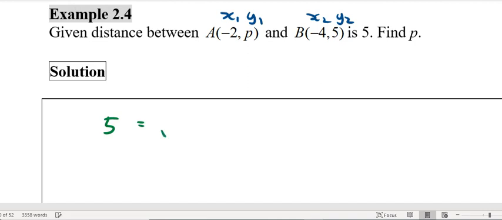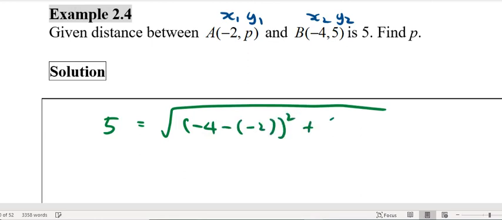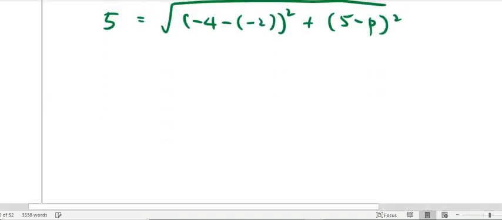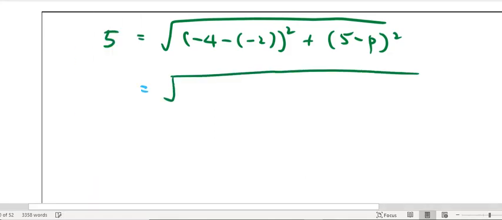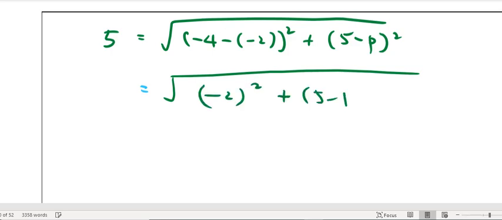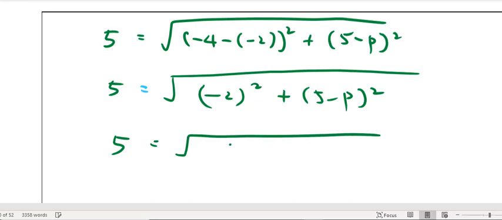So 5 equals square root of -4 minus 2 add up with 5 minus P squared. You get -4 plus 2, which is -2 squared, add up with 5 minus P squared. So 5 equals square root of 4 add up with 5 minus p squared.